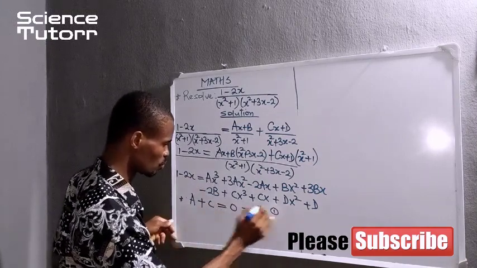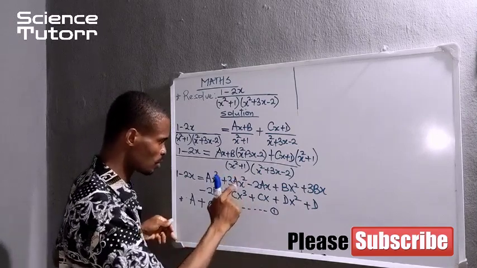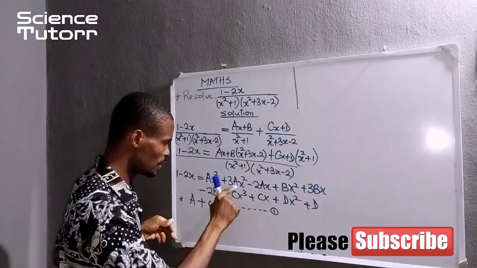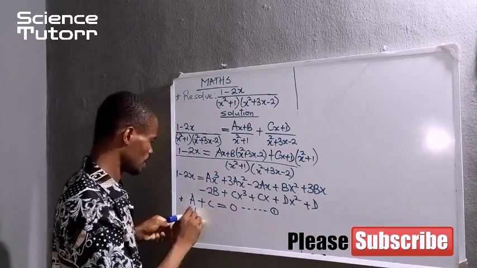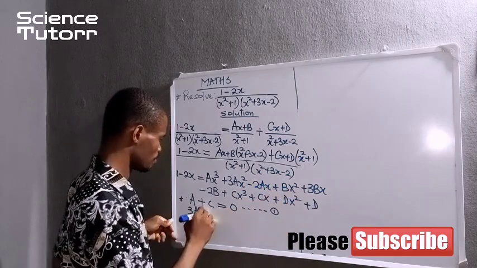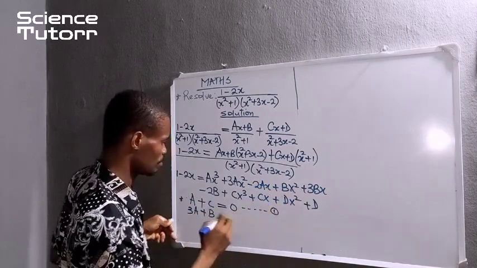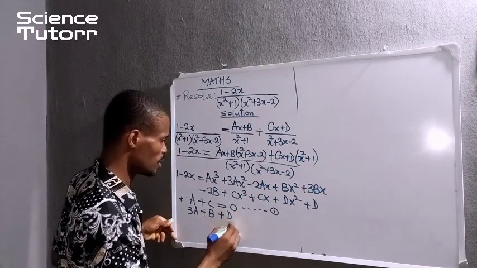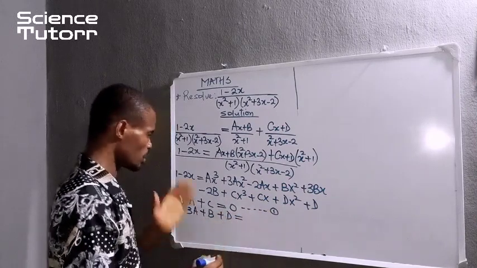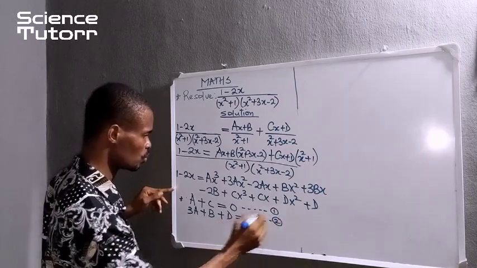This makes equation 1. The ones with x squared, second power, we have 3a plus b plus d equal to, on the left hand side we have none, so 0, that makes equation 2.